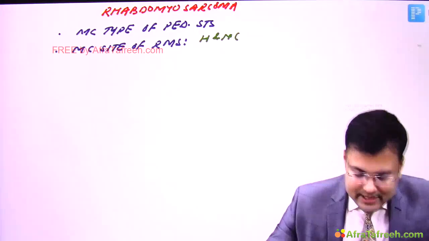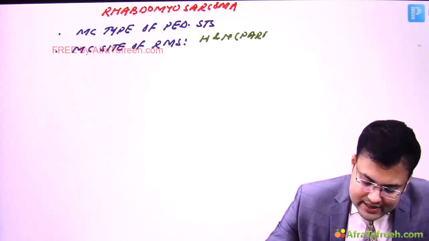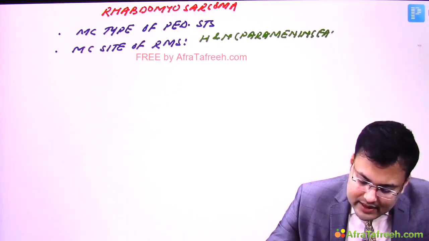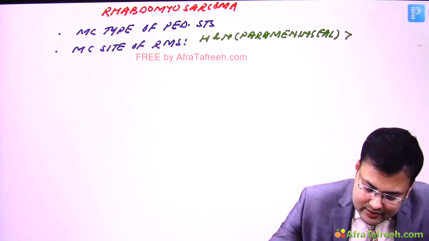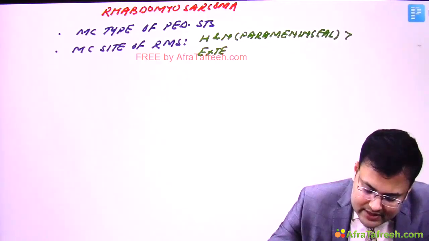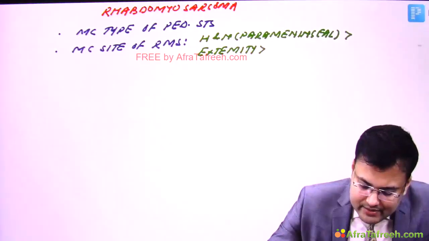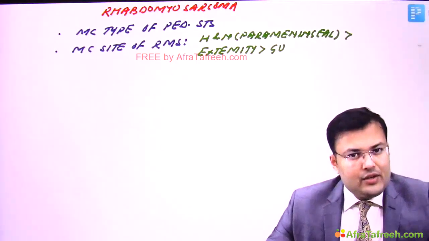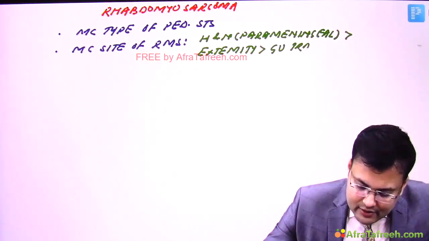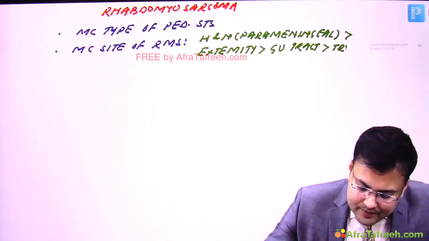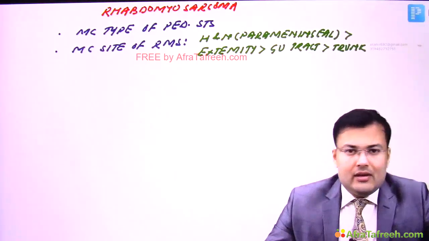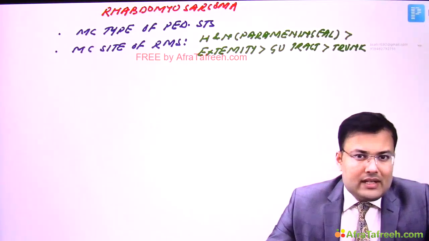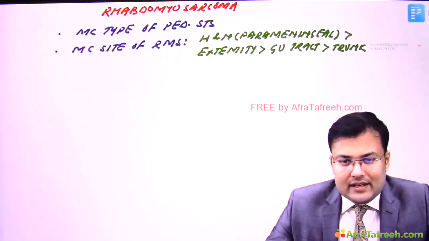After head and neck, the second most common site is the extremity, followed by genitourinary tract, followed by trunk. Clear? Now see, what is the most common type of rhabdomyosarcoma? The most common type is the embryonal variety.